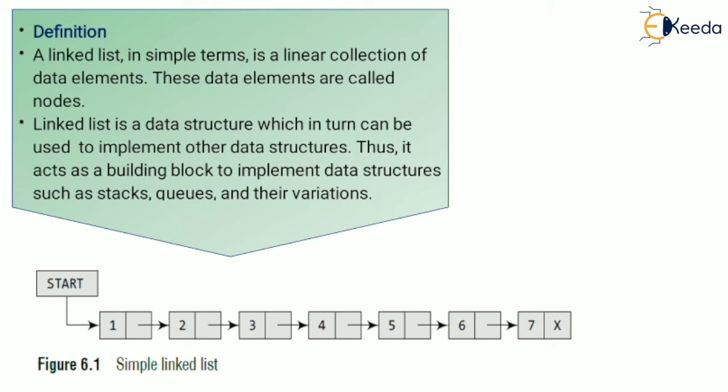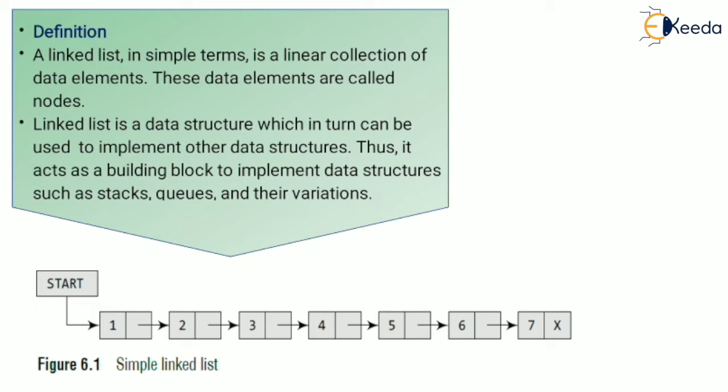A linked list contains a pointer variable, that is start, as shown in the figure, that stores the address of the first node in the list.